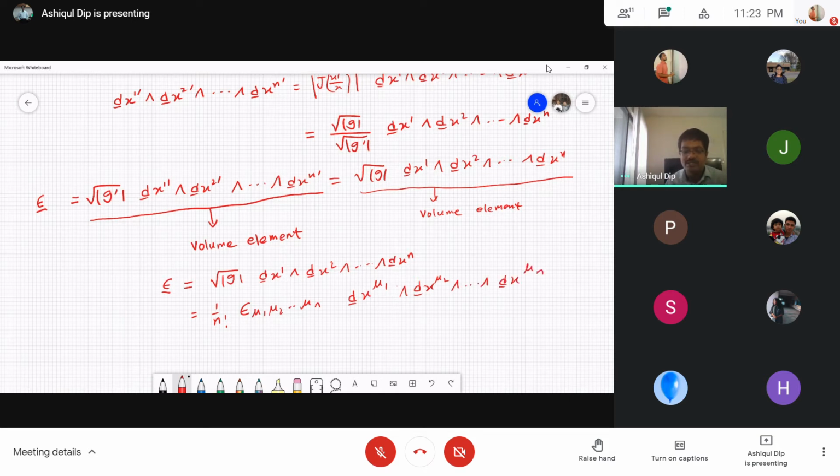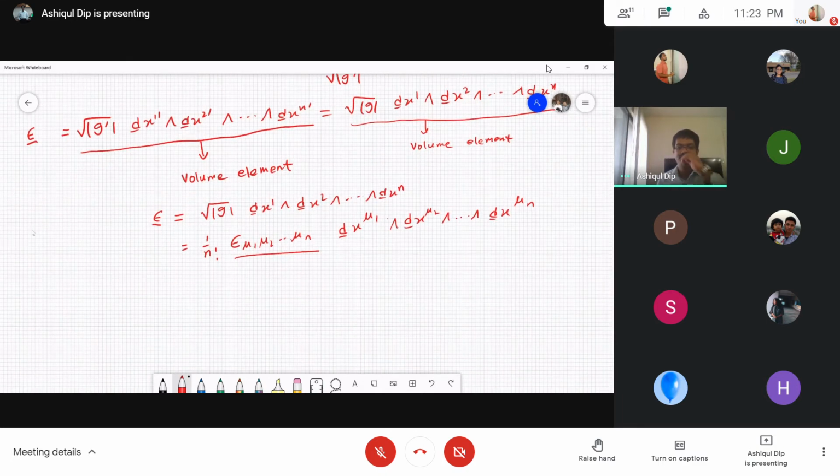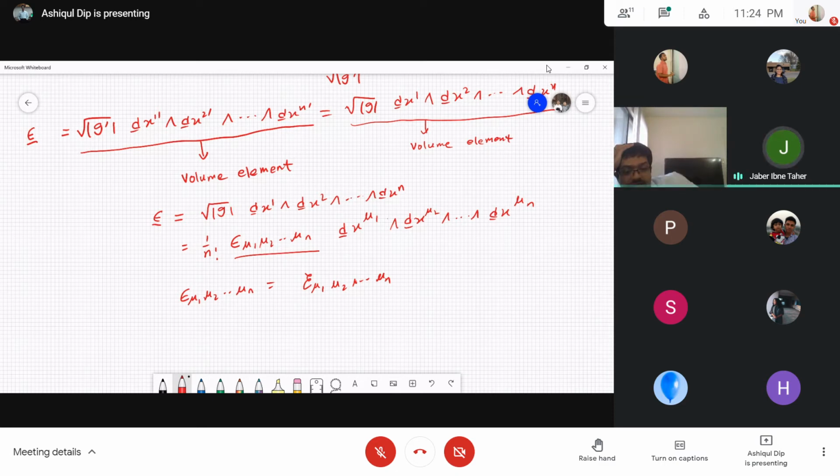Then what is this epsilon? It's the permutation symbol, just lower. So you're saying epsilon mu1 mu2 up to mu n is E with lower indices mu1 mu2 up to mu n. Is that correct, or are you still missing something? There is another entry, I think.